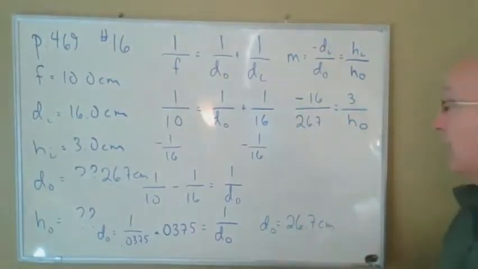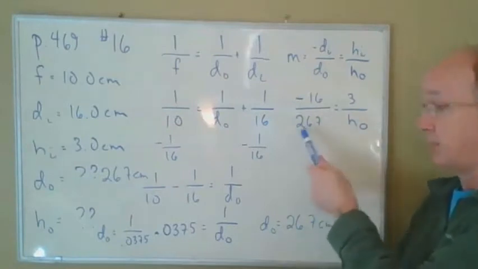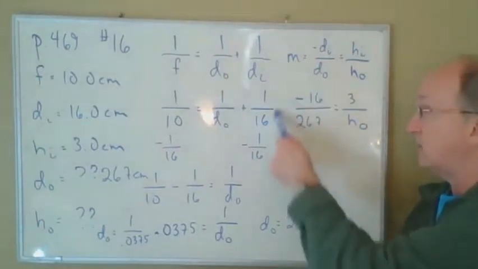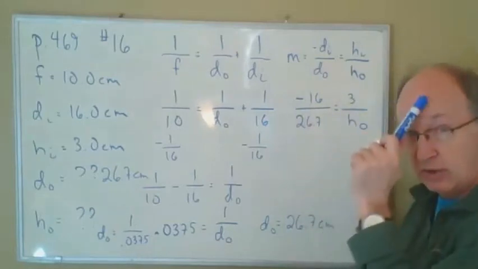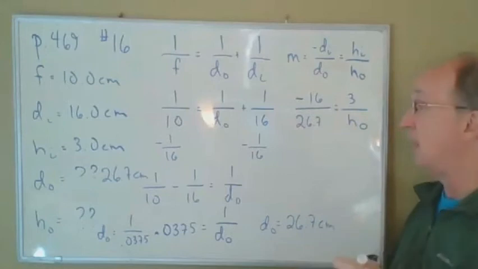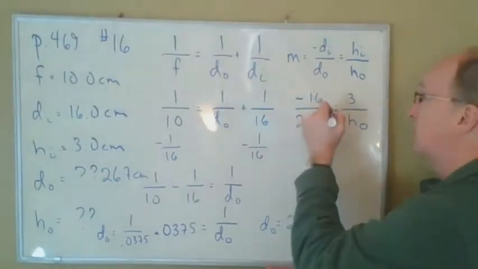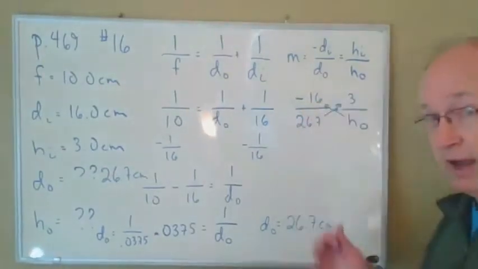Now again, we have this proportion, right? This ratio equals this ratio. And anytime you see a setup like that, you should think cross multiply and divide. So cross multiply and then divide.